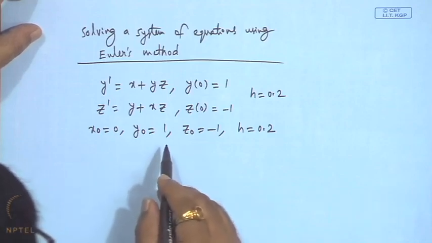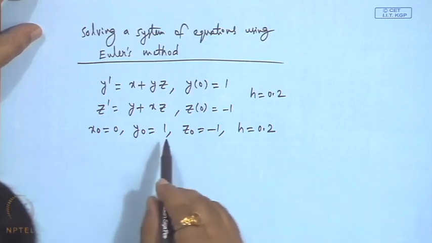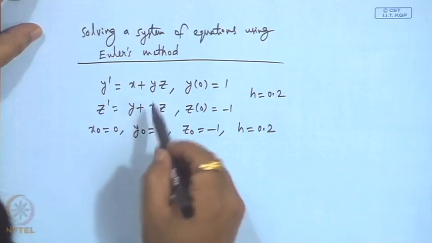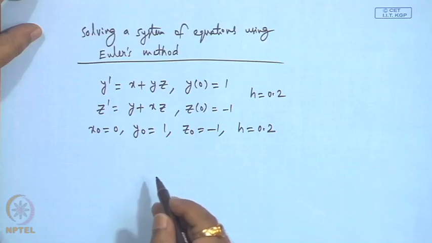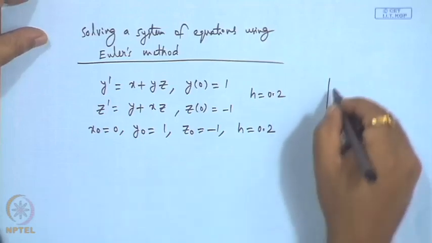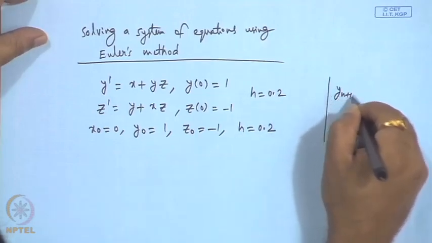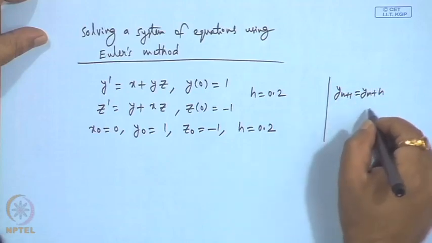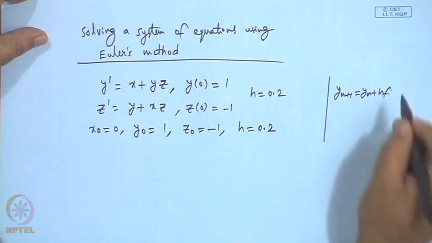Now we have to define the Euler method for this system. If you recall, we have y n plus 1 equals y n plus h times f.